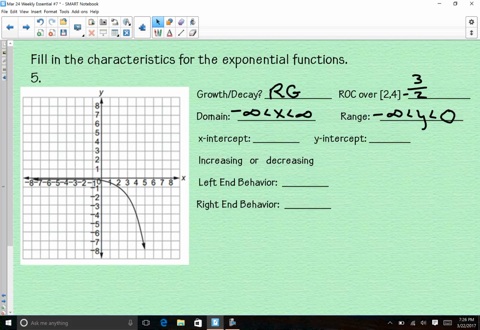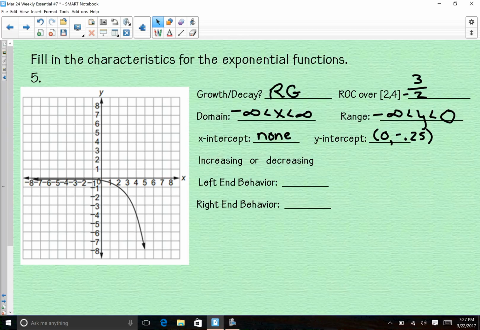X-intercept, well, this function is never going to touch the x-axis. It's approaching the x-axis, so we're going to put none. Y-intercept, let's just estimate. It looks like it might be negative 0.25, somewhere around there.